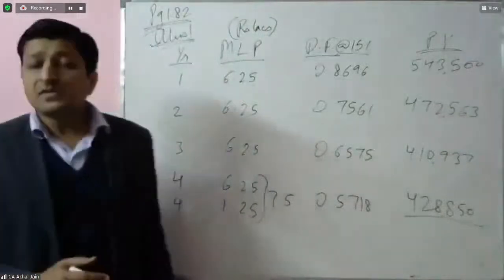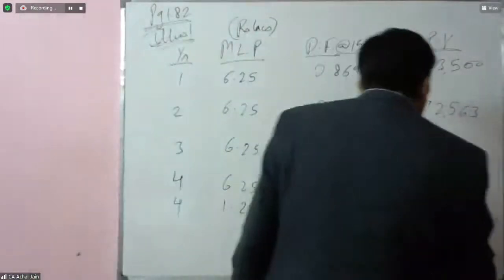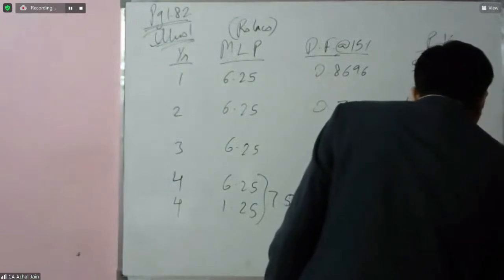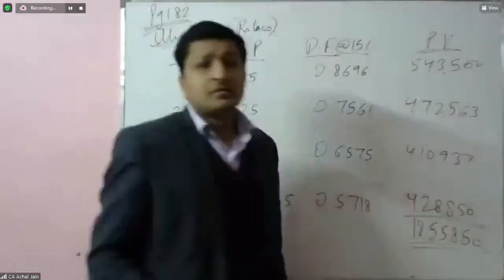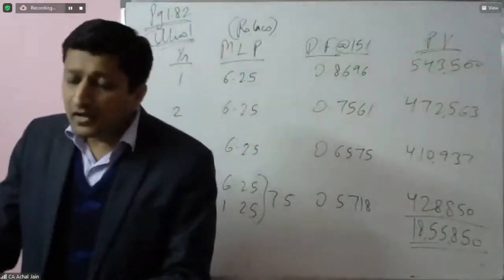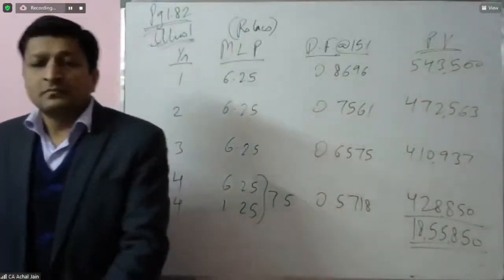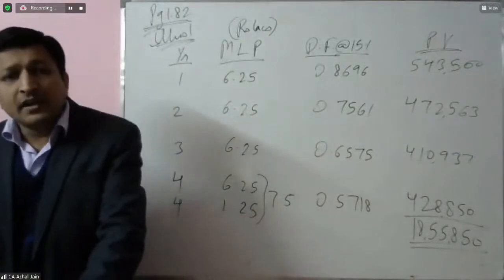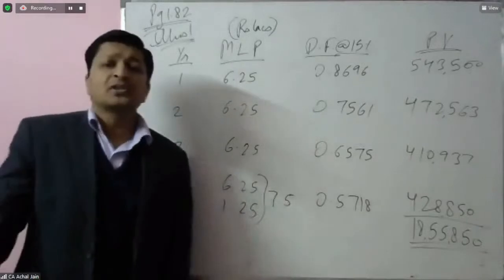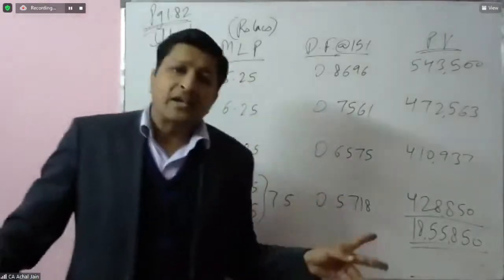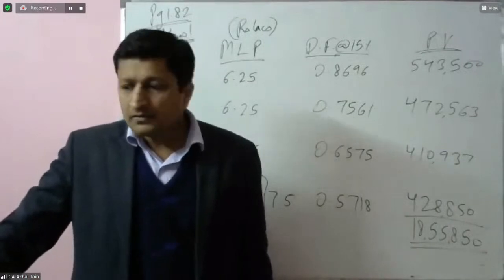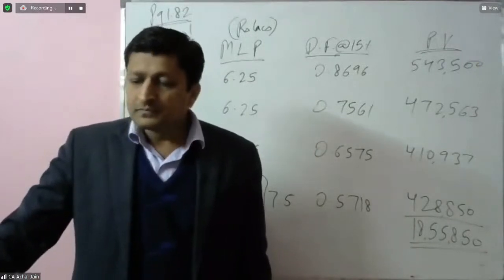So the total becomes 18,55,850. Yeah. So this is the lease liability the lessee will record. Where will the lessee record this lease liability? In its balance sheet. Correct? Clear on this?